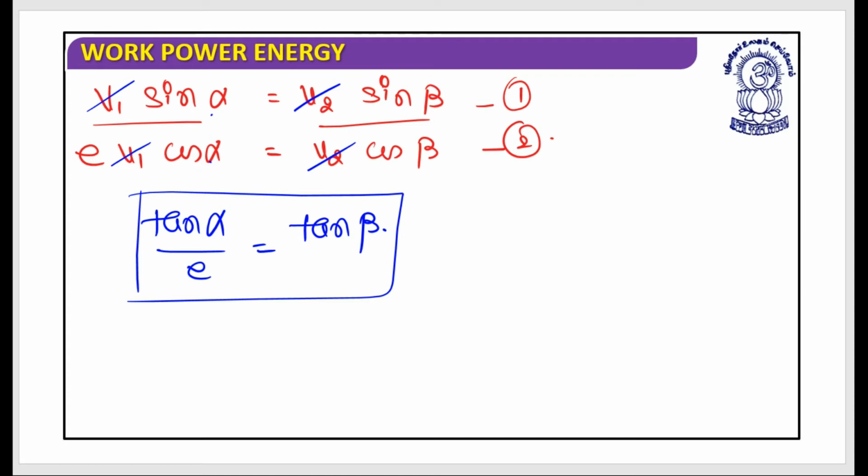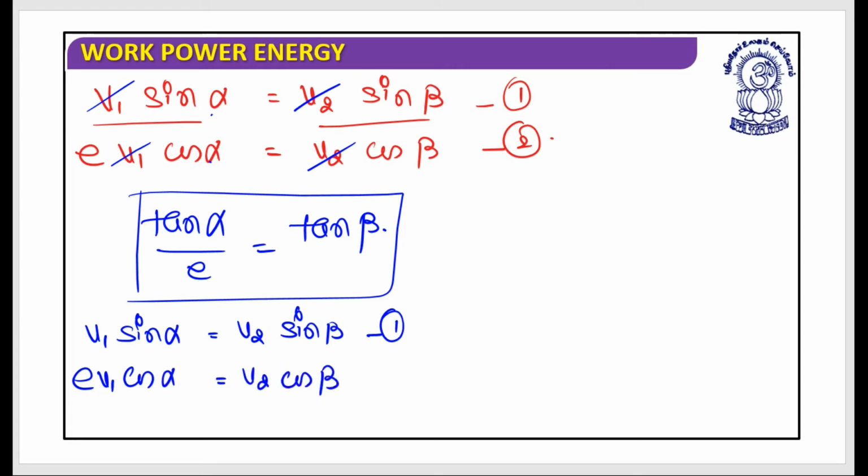One more thing, you can even have a calculation. You can also calculate v1 and v2. How? Let's look at this. This was our first relation, v1 sin alpha is equal to v2 sin beta, and the second relation, e into v1 cos alpha equals v2 cos beta.